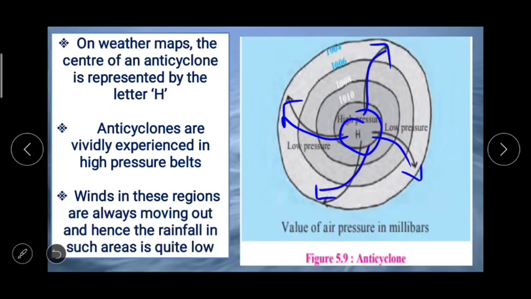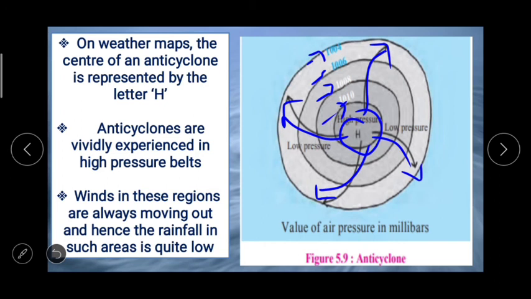Value of air pressure in millibars, this one, this one, this one. Anticyclones are vividly experienced in high pressure belts. Winds in these regions are always moving out, and hence the rainfall in such areas is quite low.